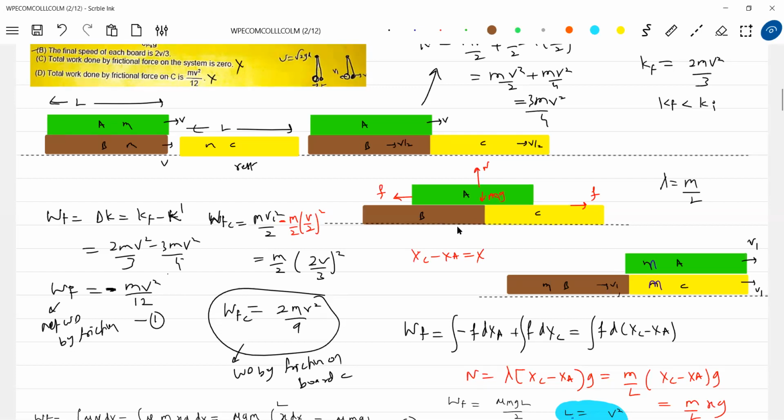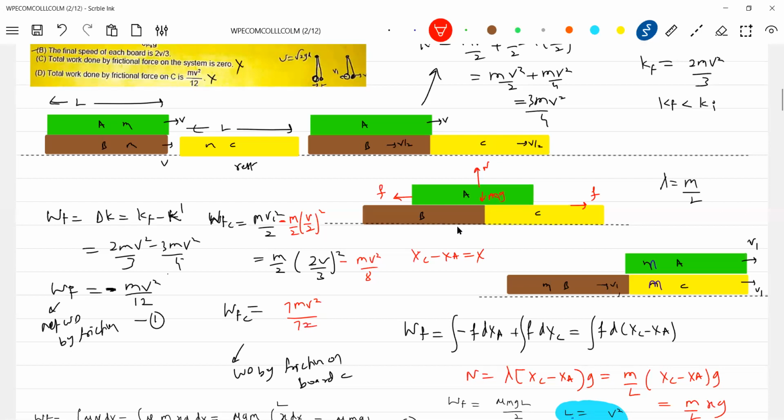Here it will be mv square by 8. So for this we'll subtract mv square by 8. 7 mv square by 72. 72, sir.